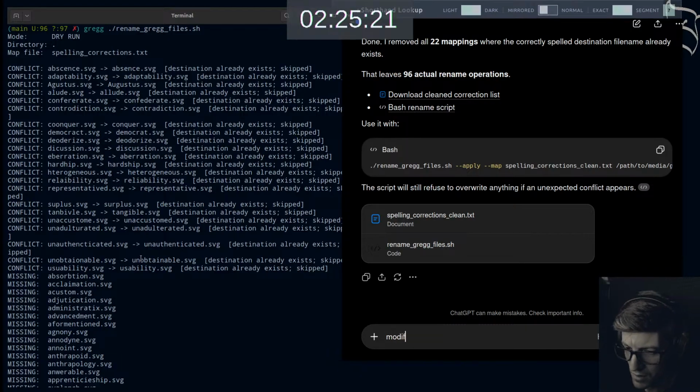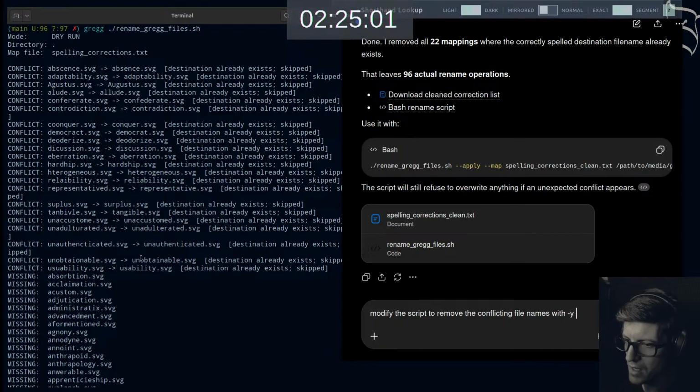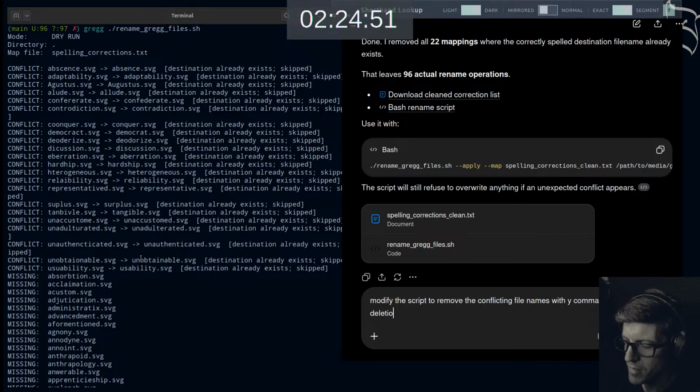Let's modify the script to remove the conflicting file names with a -y, yeah, with a yes command. Single file deletion at a time, that way we can check, okay? Single file deletion at a time.